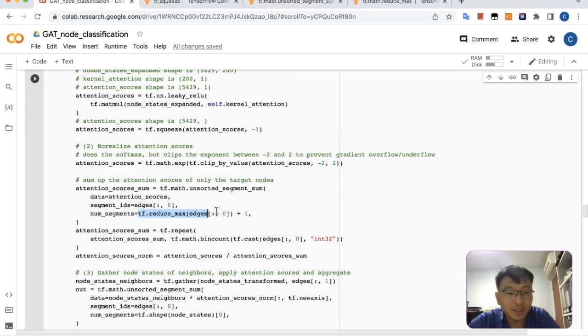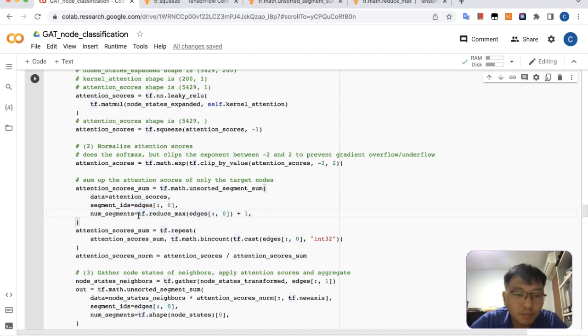So the num segments here should be, I don't know, this 54290. This is 5429.